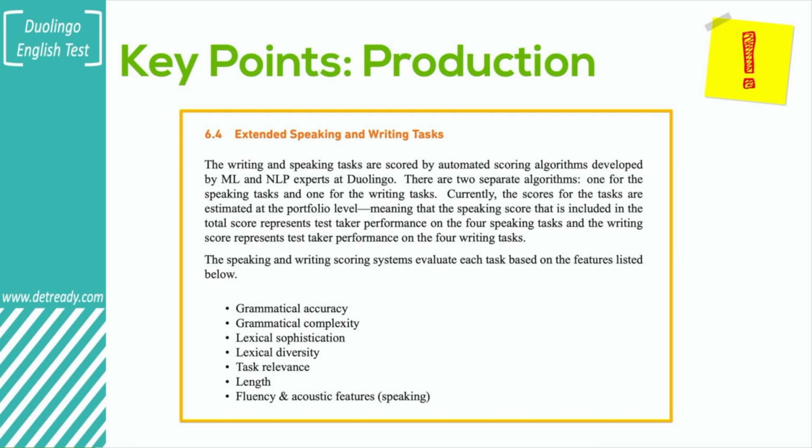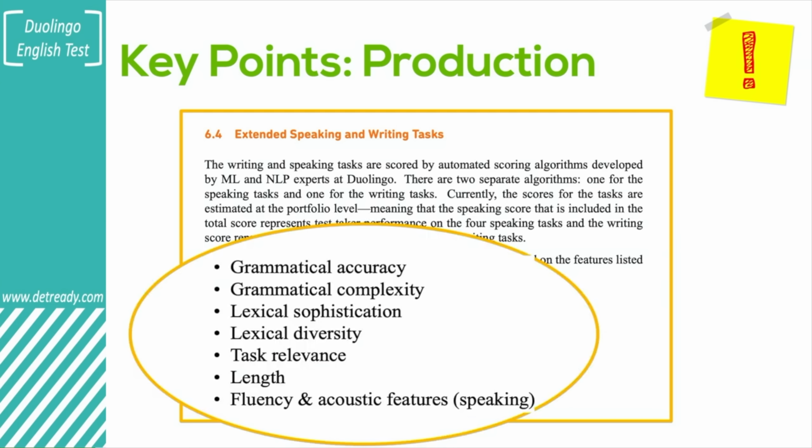As you can see, the production questions are marked based on these elements: grammatical accuracy, grammatical complexity, lexical sophistication, lexical diversity, task relevance, length, fluency, and acoustic features. Some of these words are tricky. Lexical basically means vocabulary, and acoustic features means pronunciation.